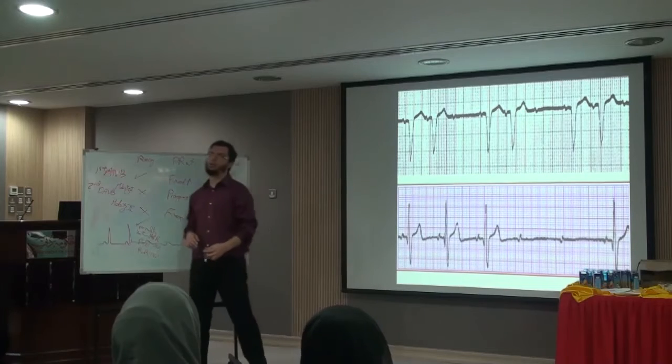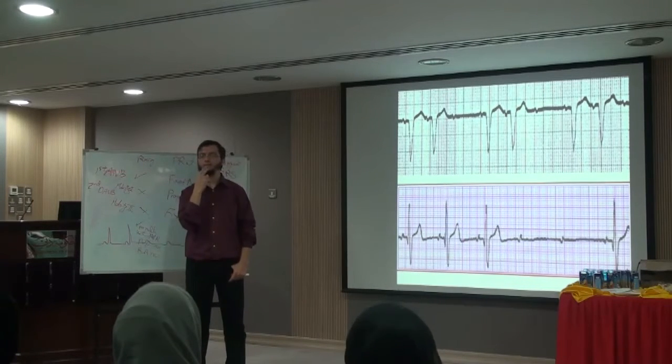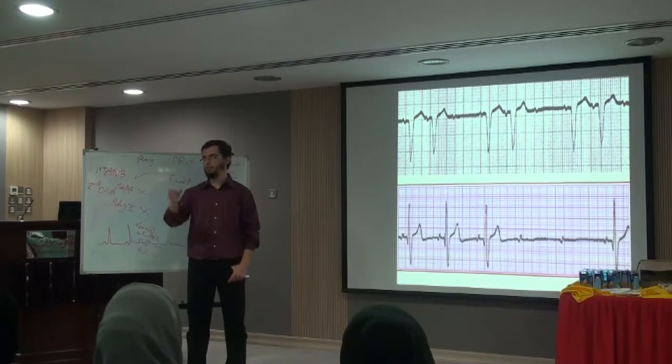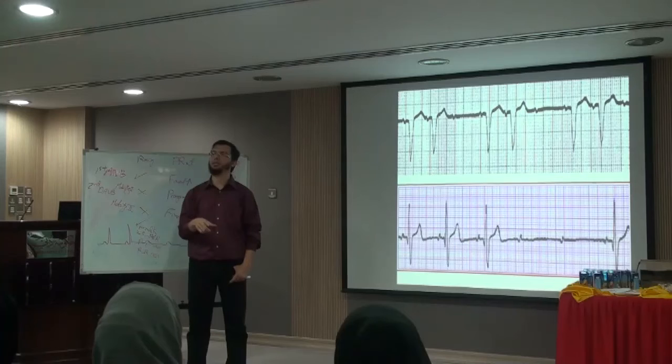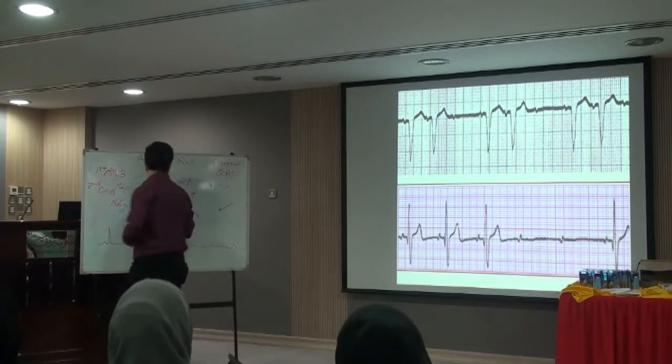Because the site of block in the AV junction, between the atrium and ventricle, can be at two points. One is the AV node and the beginning of the His bundle. The second is the distal part of the His bundle.